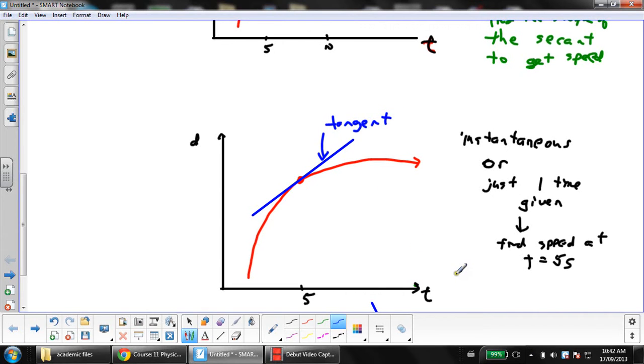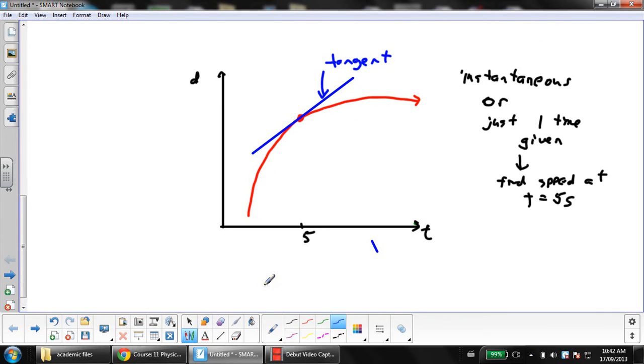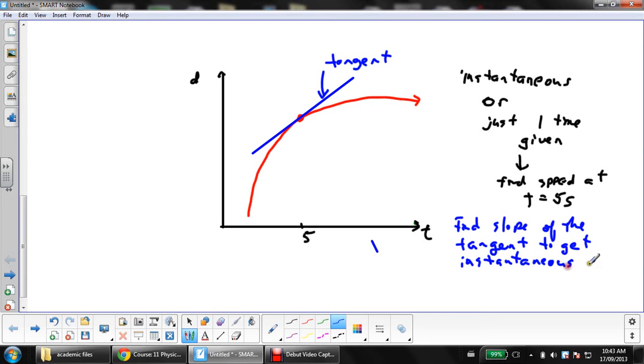Okay, and here we need to find the slope of the tangent to get instantaneous speed or velocity.